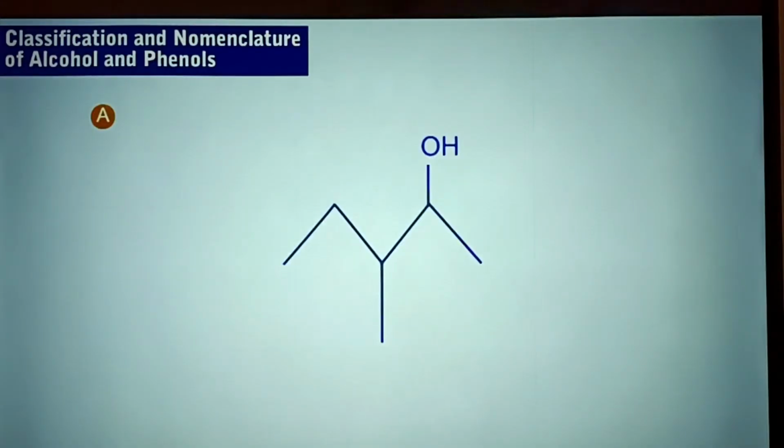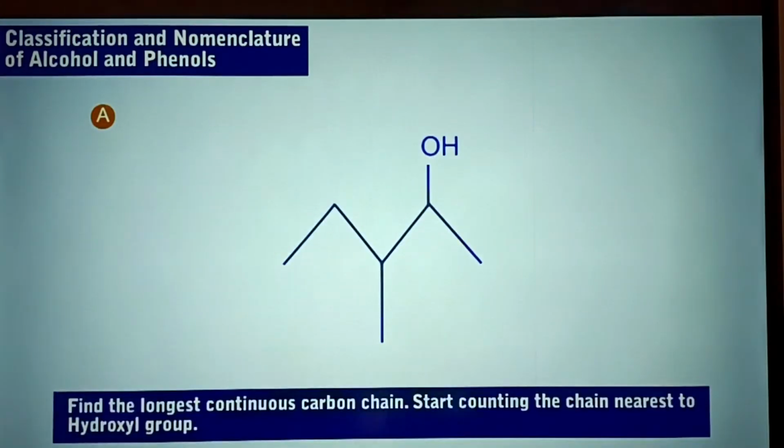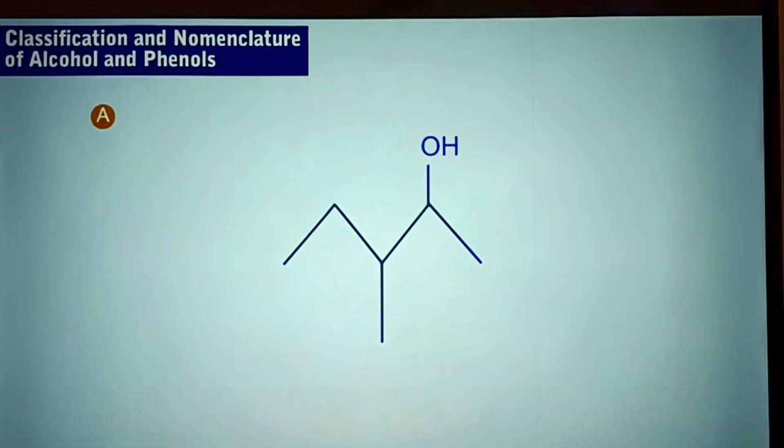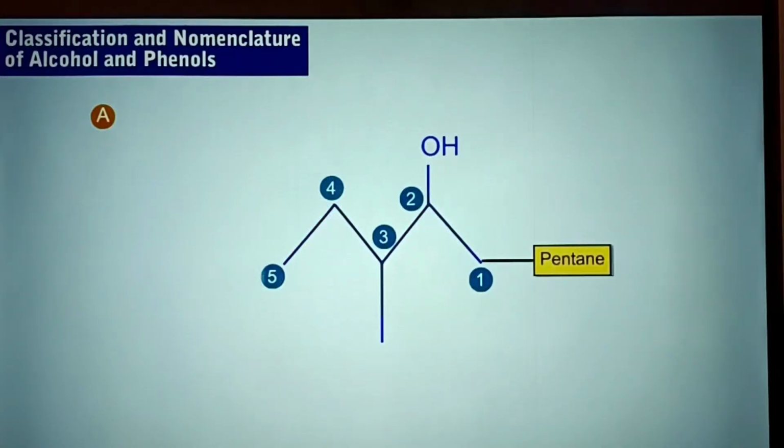When naming organic compounds, remember to find the longest continuous carbon chain. Start counting the carbons at the end of the chain nearest to the hydroxyl group. In molecule A, the longest continuous chain has 5 carbons.